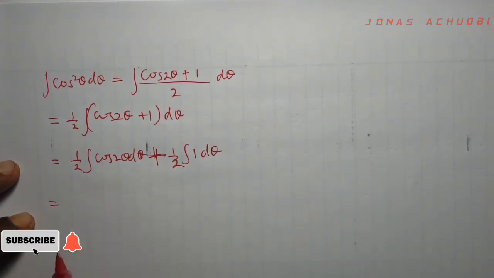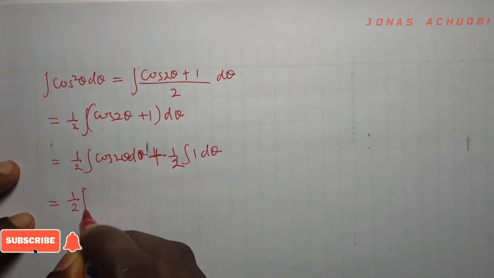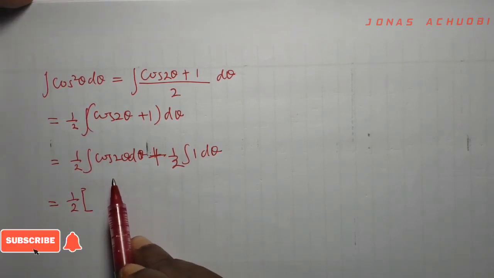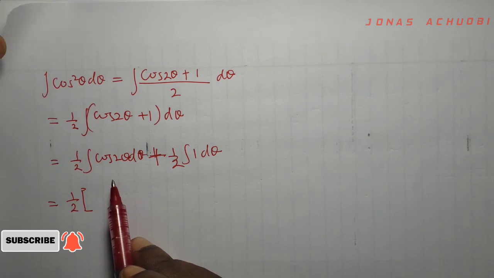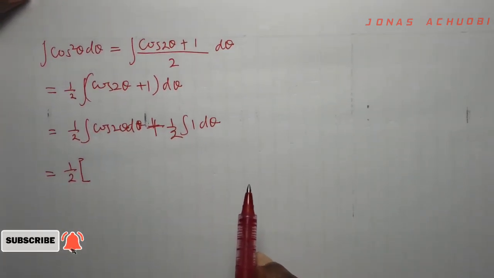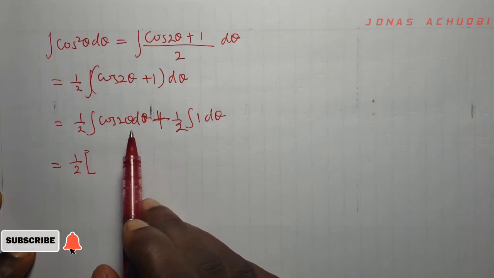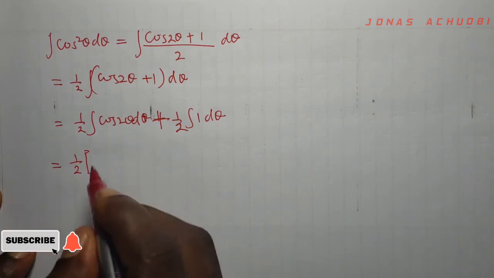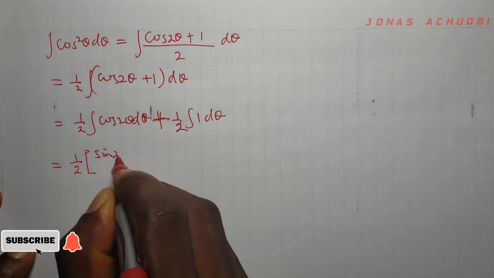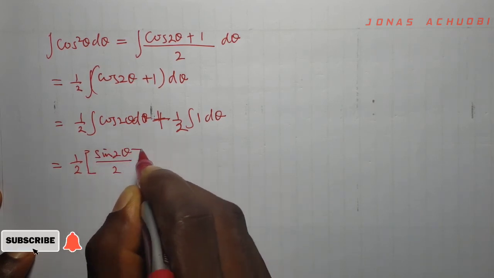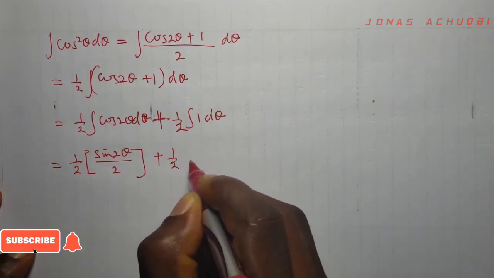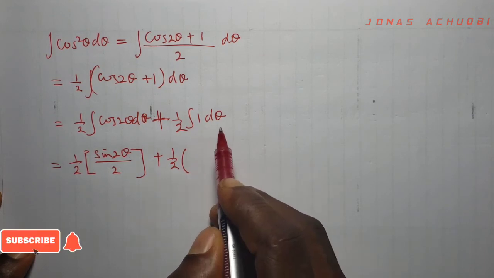We now integrate. When we integrate cos 2 theta d theta, what do we get? Now if you recall from part 1 of this lecture series, we had integrated the function cos 2 theta. If you integrate cos 2 theta d theta, you get sin 2 theta over 2, plus 1 over 2 of the integral of 1 d theta. If you integrate 1 d theta, what do we get?